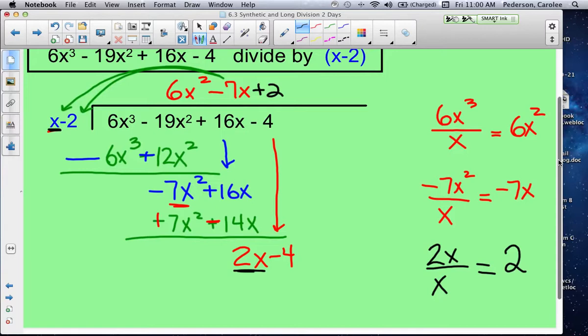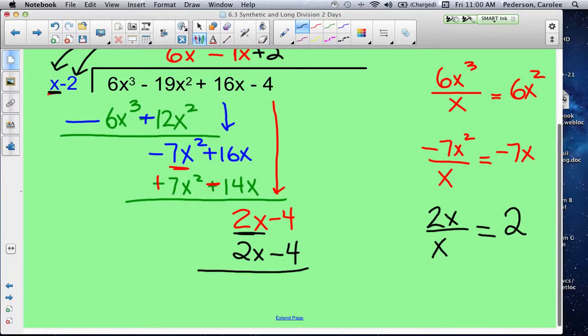I'm going to just erase those green arrows. Now I multiply positive 2 to x, which is 2x, and then positive 2 times -2, which is -4.